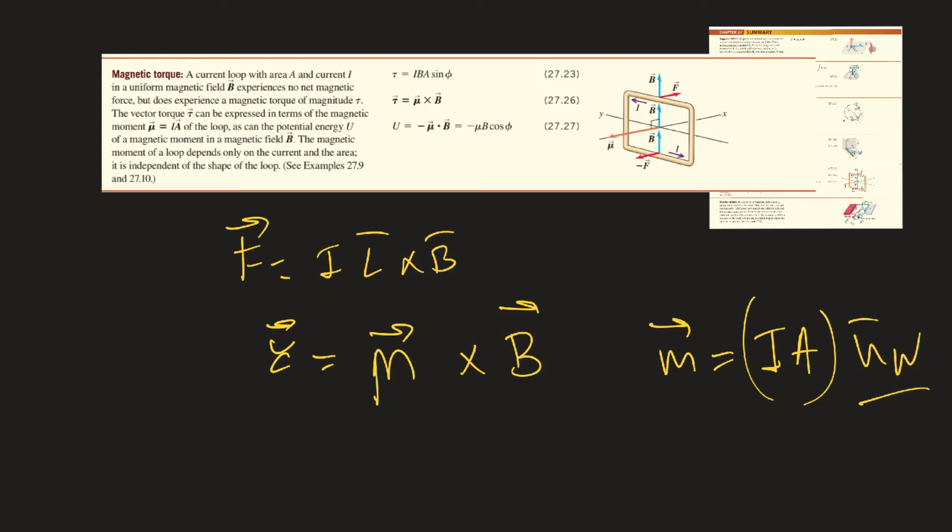And what is the vector u_n? The vector u_n is the unit vector perpendicular to the surface of the current, this surface. So this is the vector m. You take the current and make a rotation on the loop, and this is the m. The m is going like this, okay, mu, m, whatever.